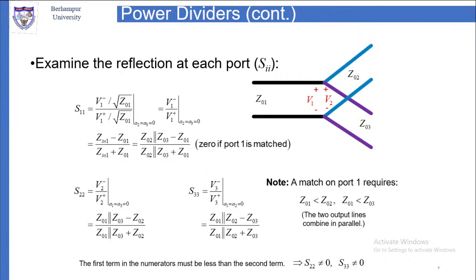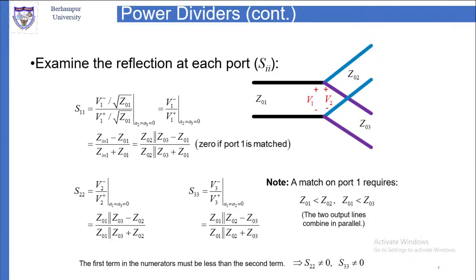Similarly, S22 will be V2 minus by V2 plus, that will be equal to Z01 in parallel with Z02 minus Z02 divided by Z01 parallel with Z03 plus Z02.